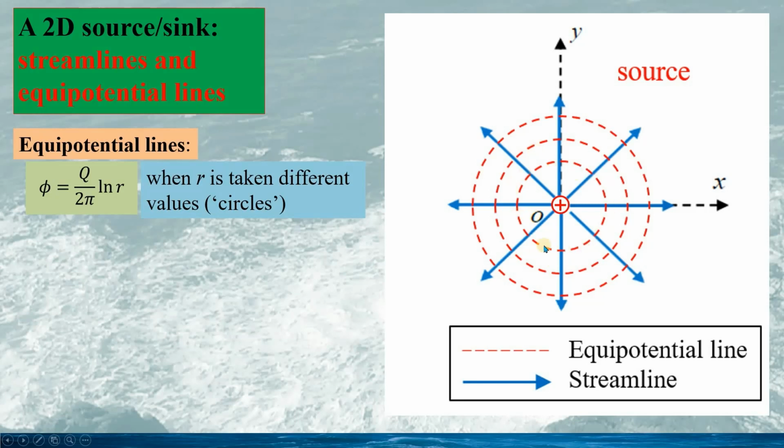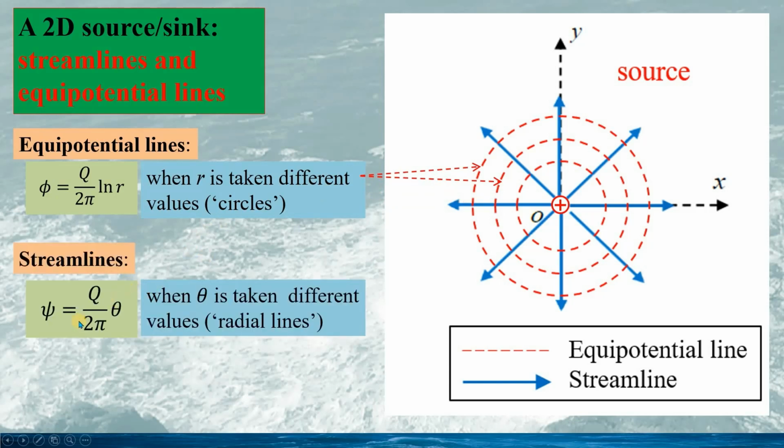Thus, the dashed circles are the equipotential lines. The streamlines are dependent on the stream function. The expression for the stream function is given as this. Therefore, when theta takes different values, we have the radial lines, the arrows. So the arrows are the streamlines.